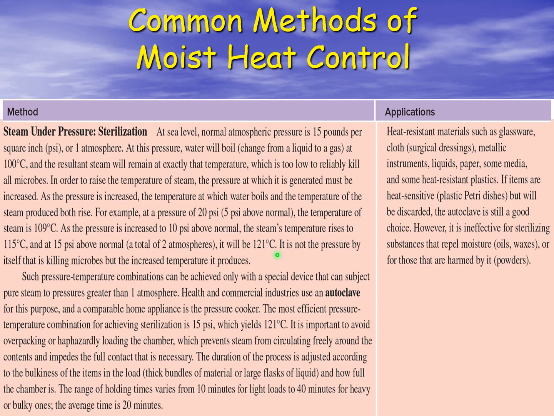Our autoclave in the lab is set to run at 15 psi above normal, and this will raise the temperature to 121 degrees Celsius. So it's not the pressure by which it kills microbes, but the increased temperature of the steam.